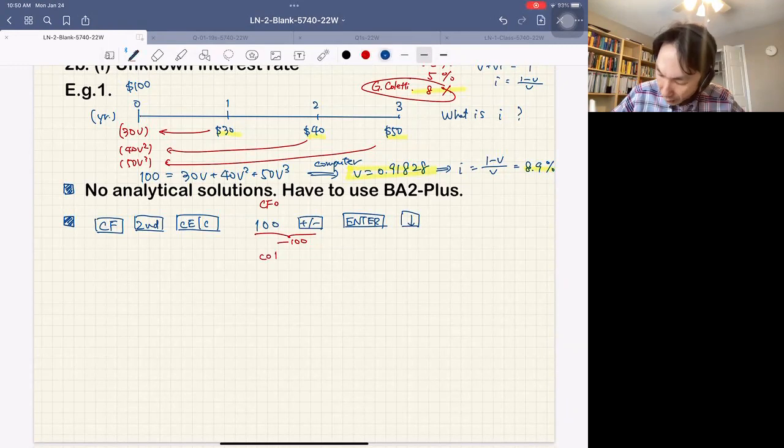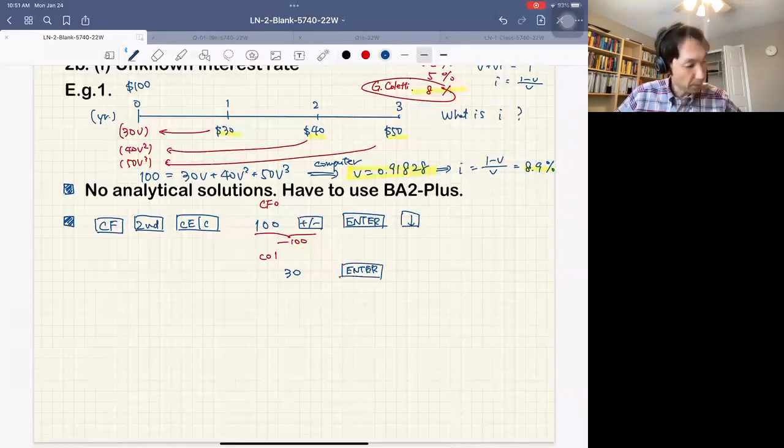So then we enter 30. So the idea is the 30 is the other side of the time diagram. So 100 was negative, so 30 should be positive. So just 30, then enter. Then down arrow.